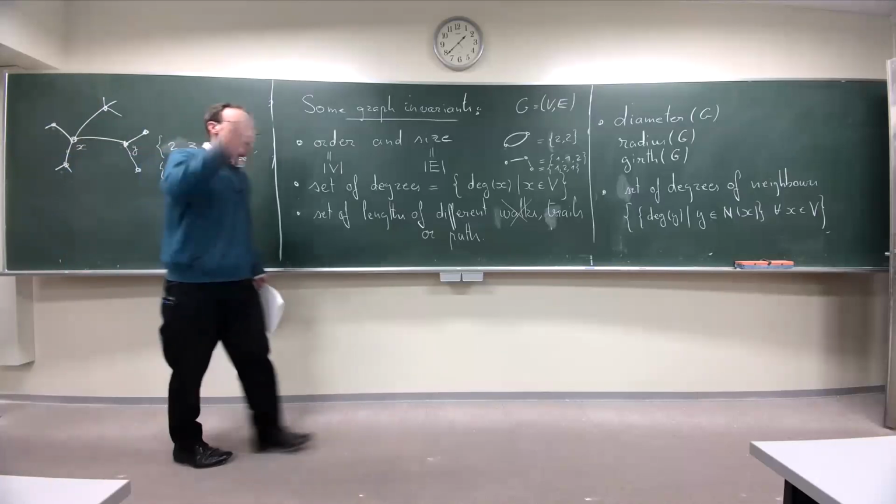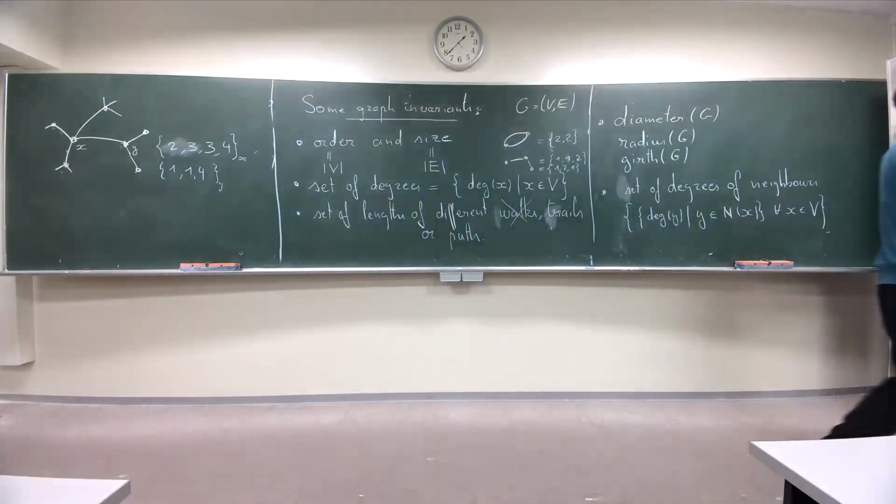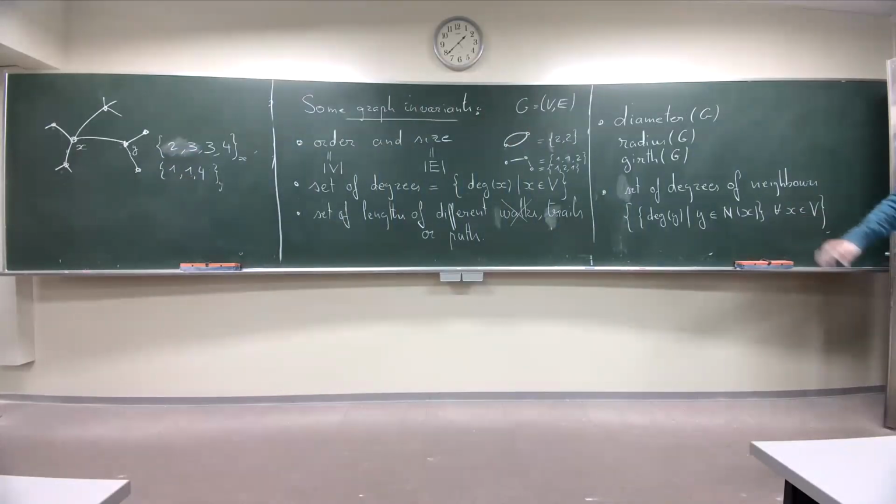So again, the idea is that checking if two graphs are isomorphic is very complicated because you have to check all possible functions, which is usually very hard. But if you have a list of things which have to be equal in order to have such an isomorphism, and one of them is not the same in the two graphs, then that's fine.